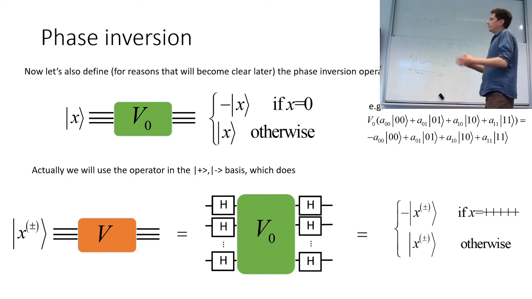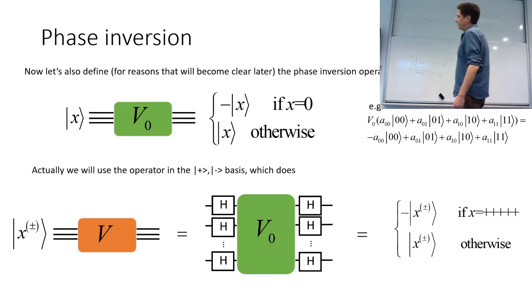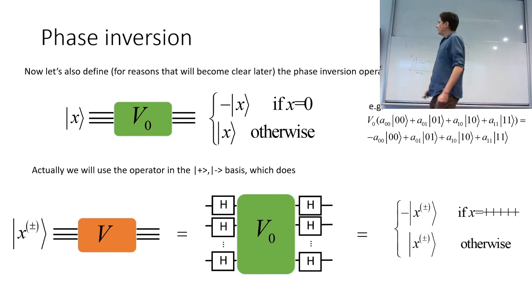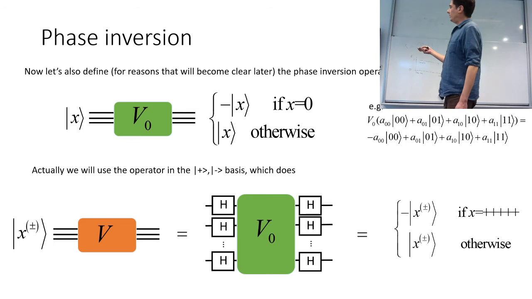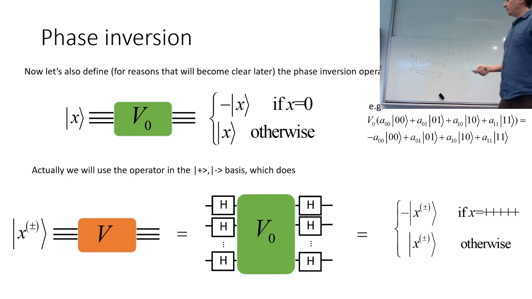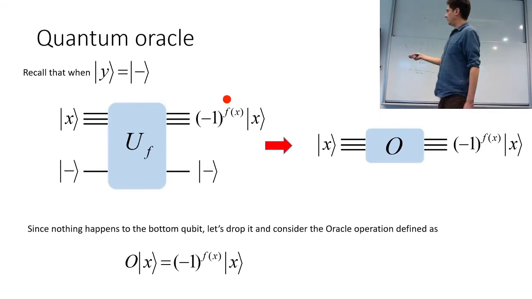And there's another operator, which I'm calling the phase inversion operator. This one is a lot like the oracle, except that it always just adds a phase on the 0 state. The oracle depends on the function or the problem that we are solving, right?